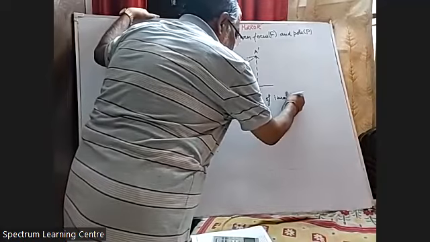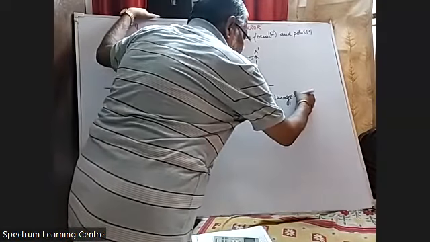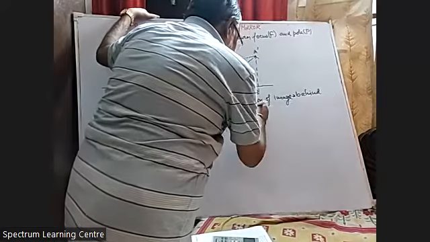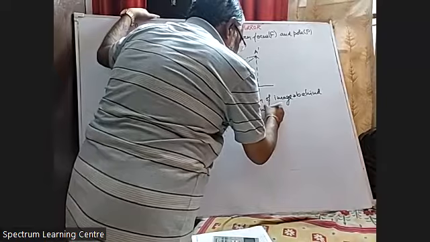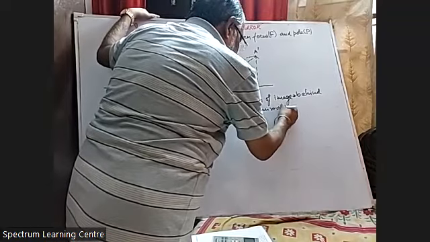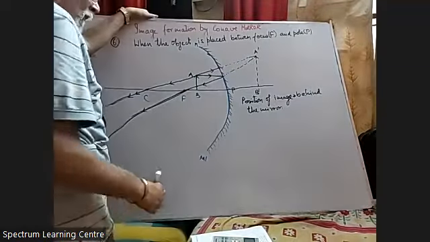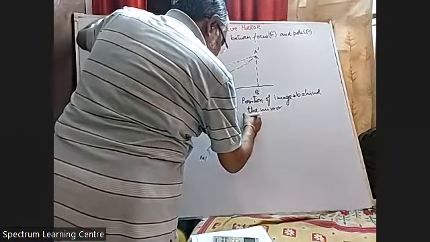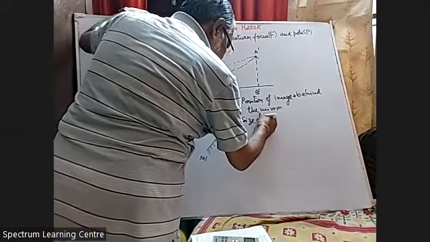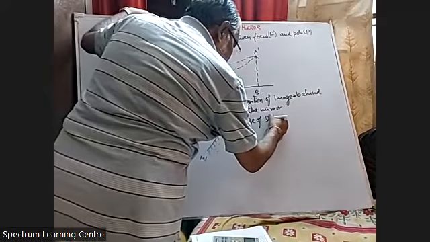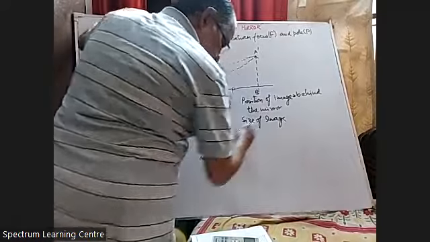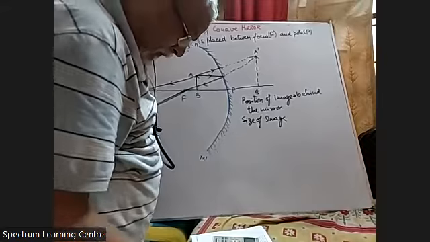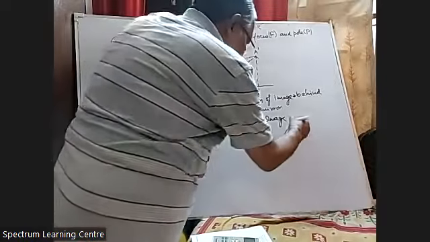So position of image: behind the mirror. Size of image: magnified.